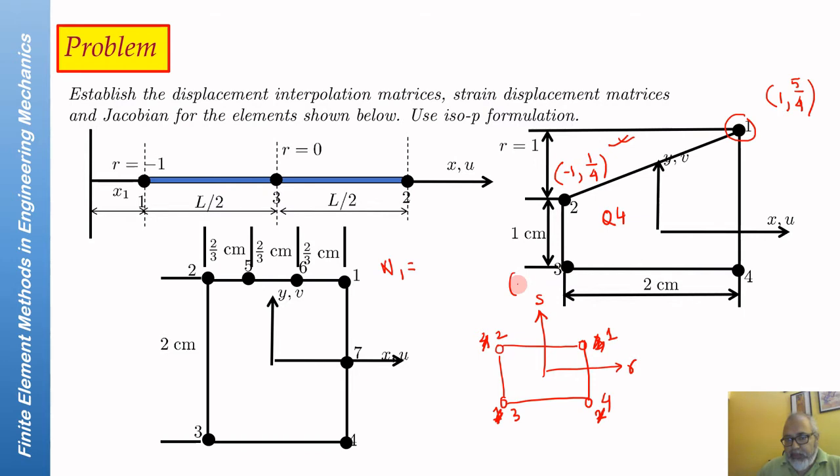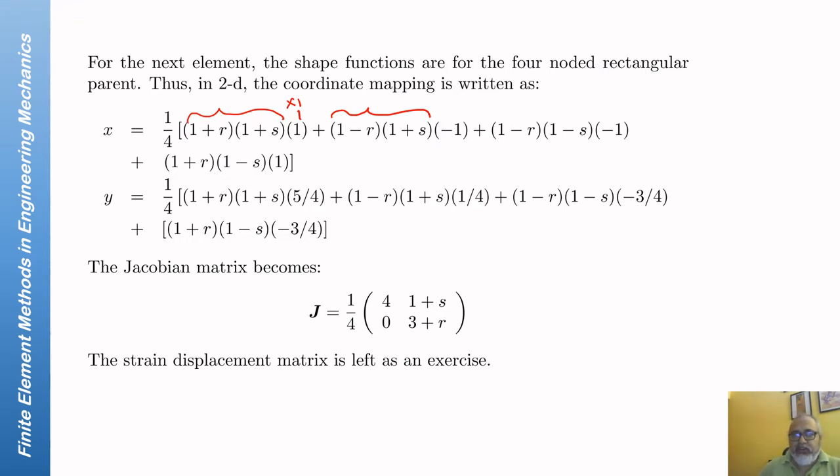This is at -1 comma -3 by 4, and this is at +1, -3 by 4. So these are the coordinates, and that's what I will use here.